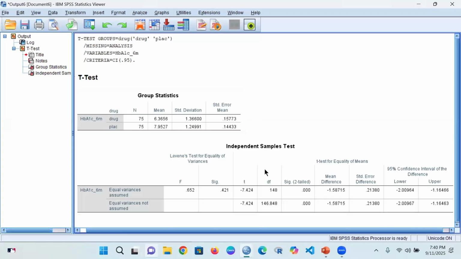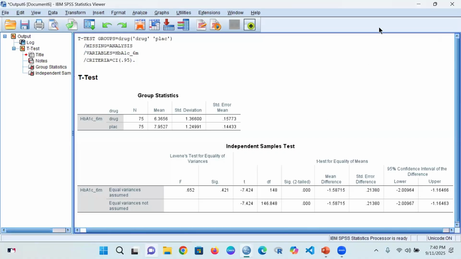So that is the explanation for the independent sample t-test for our analysis. We have concluded that at 6 months, patients receiving the drug had significantly lower HbA1c compared to those on placebo.